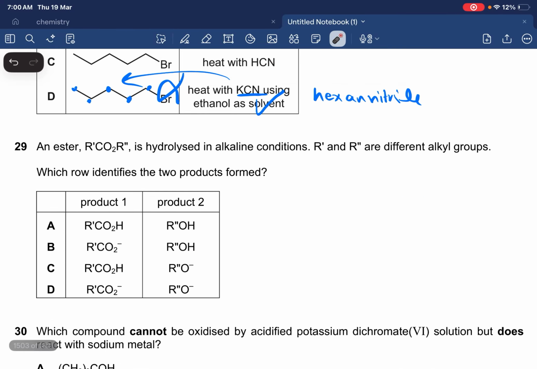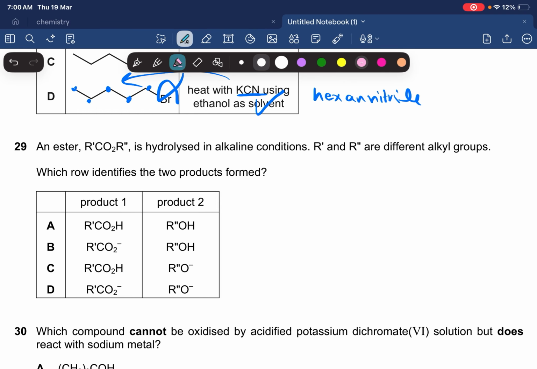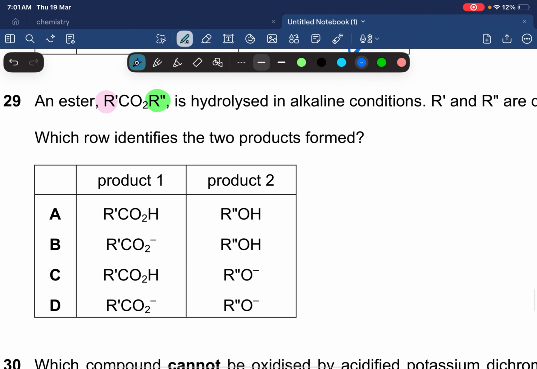An ester RCO2R' is hydrolyzed in alkaline conditions. R and R' are different alkyl groups. Okay, so basically we have an ester. This part and this part are two different groups. Now you should know that R is going to be our acid part. Why?